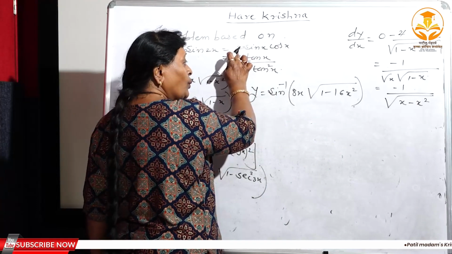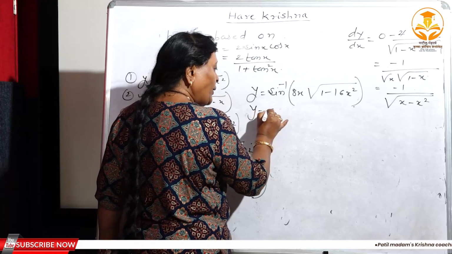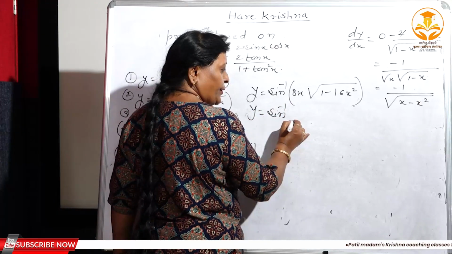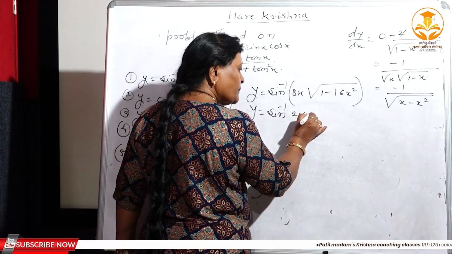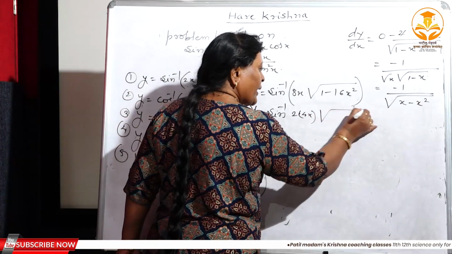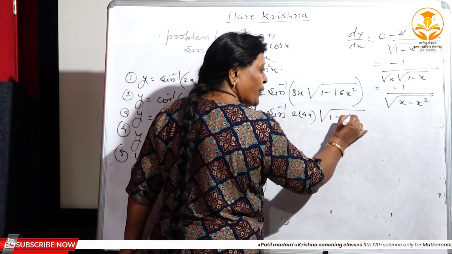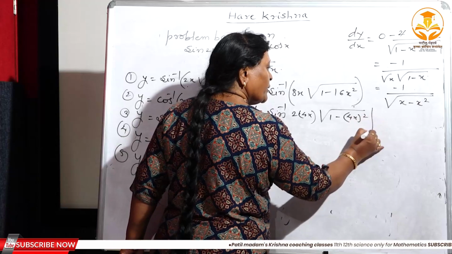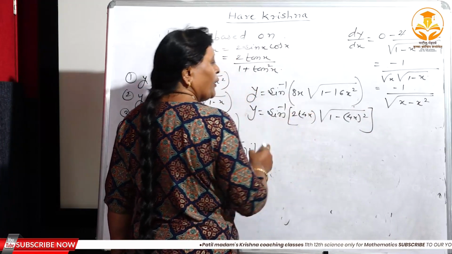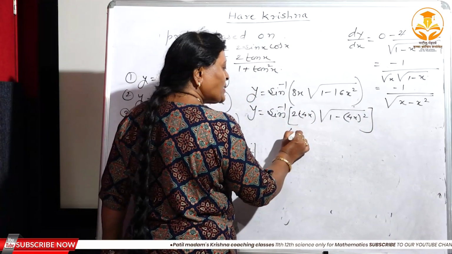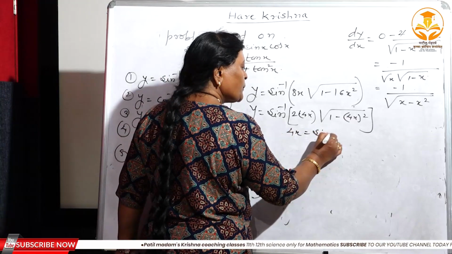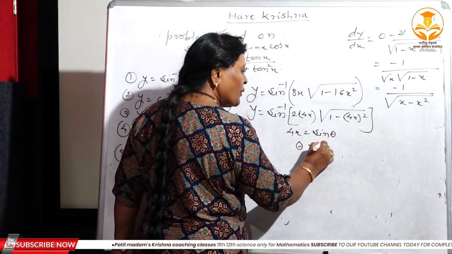Here what do you want? 2. Therefore, when you take the 2 from 8, what remains? 4x, right? And here again, 16x square you can write as 4x whole square. Means obviously you have to substitute 4x is equal to sin theta.